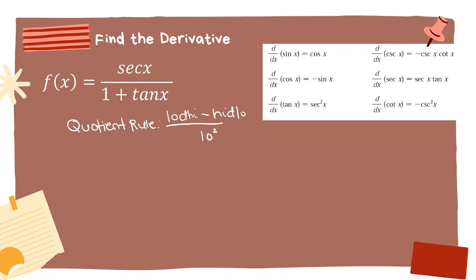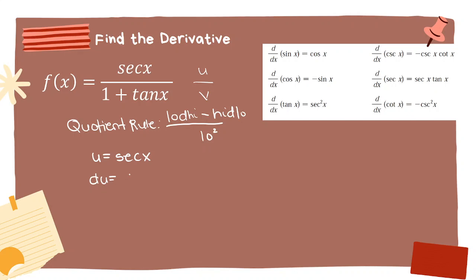Now, what is our low? Itong lower function. So, let us say that our high numerator is the sec x, and our denominator is the 1 plus tan x, which is v. So, if we let u as the higher function, sec x, what would be our derivative? Based sa formula mo, what is the derivative of sec x?